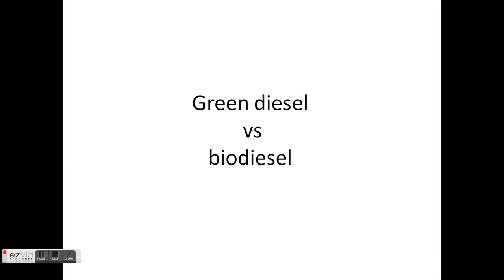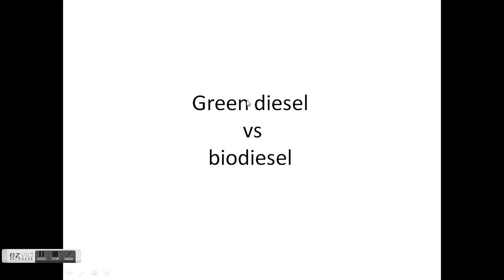So we'll look at, we're not forgetting our oils, because we said sometimes plants can produce oil as a form of energy storage. And I will not go into detail with this, but I just want to point out that we have green diesel and biodiesel. Green diesel is also known as renewable diesel, and the difference in these two is more about the process in which they are made.